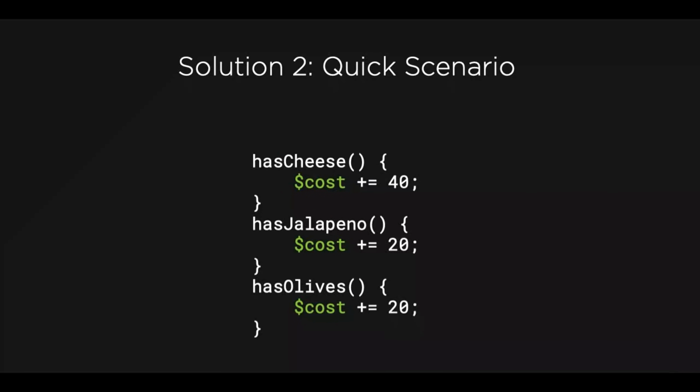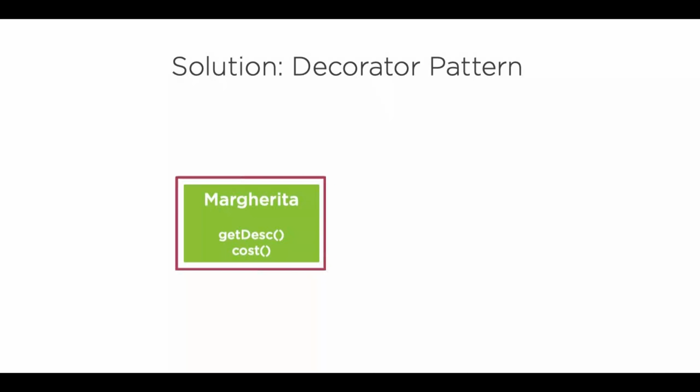Else, what we can do is, we can have a pizza class as the base class with the functions getDescription and cost, and then we can add the properties for the extra toppings: hasCheese, hasJalapeno, hasOlives. And this base class will again be extended by the Margherita pizza, Veggie Paradise, and the Farmhouse pizza subclasses. And we will use these properties to calculate the final cost of the pizza.